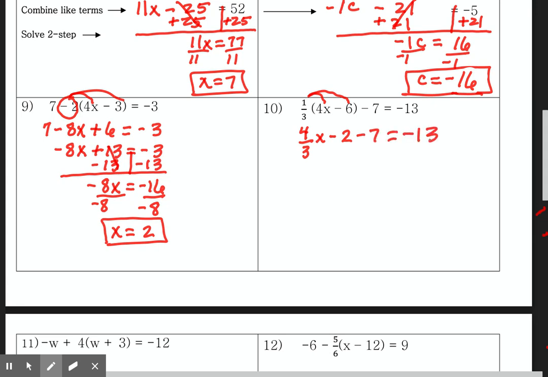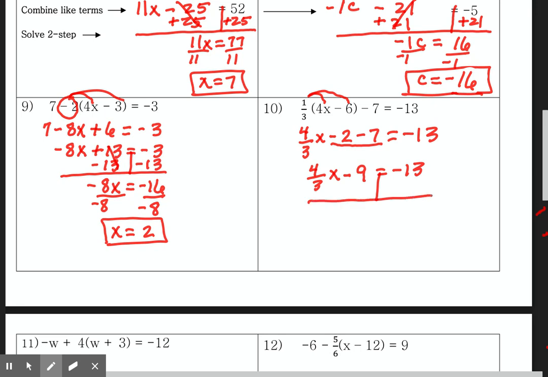There on the left side, I do have two numbers I need to combine, the -2 minus 7. So I'm going to bring down my 4/3 x. Same signs, add and keep, equals -13.